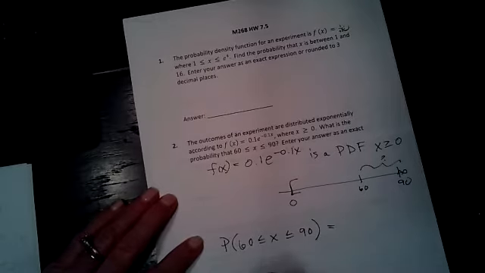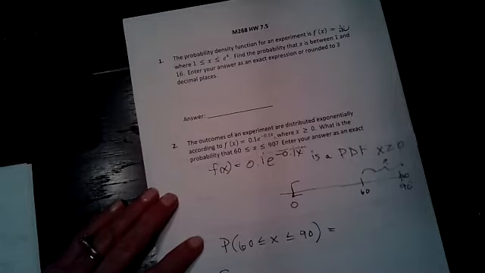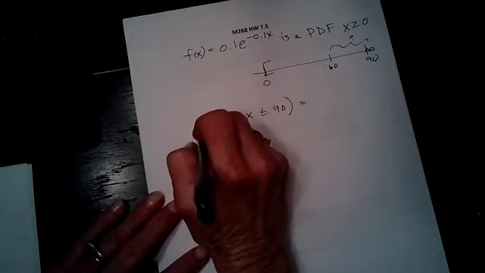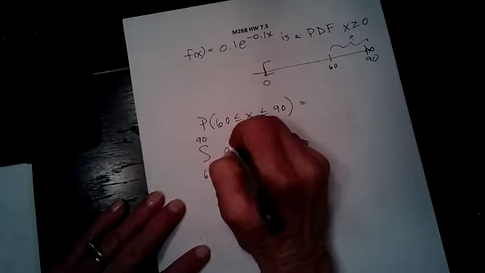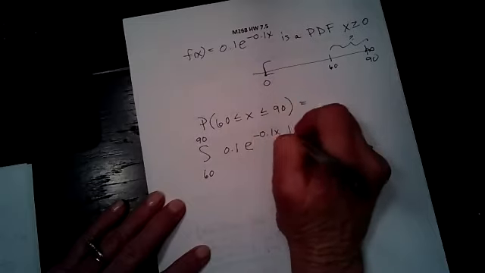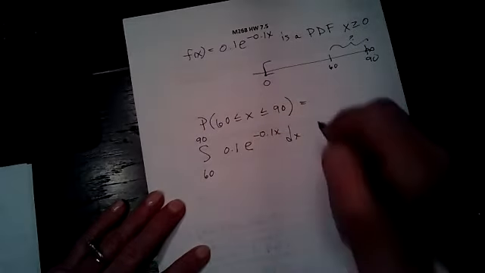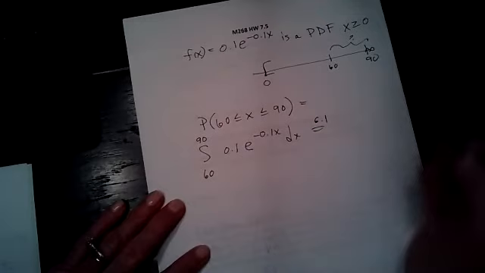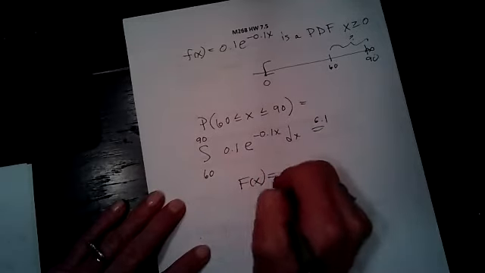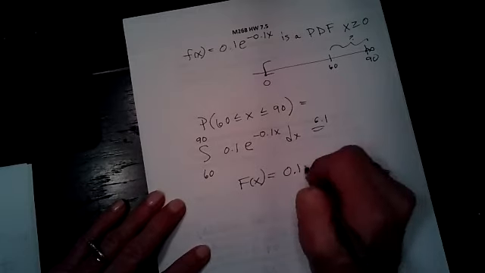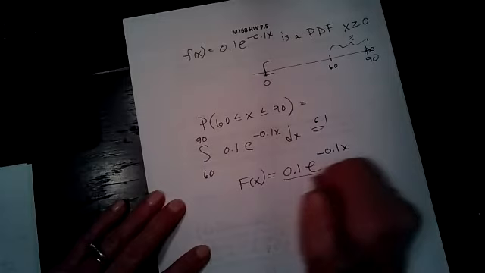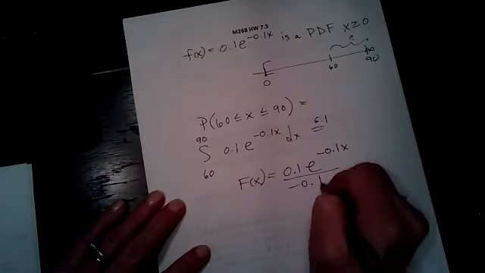equal to 0. So we integrate our function from 60 to 90, 0.1 e to the negative 0.1x dx. By my 6.1 rule, my antiderivative is 0.1 e to the negative 0.1x divided by negative 0.1.